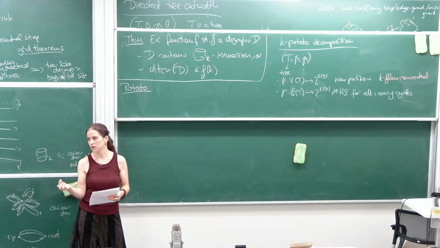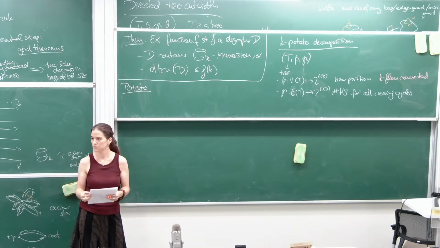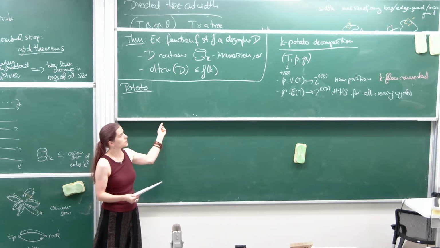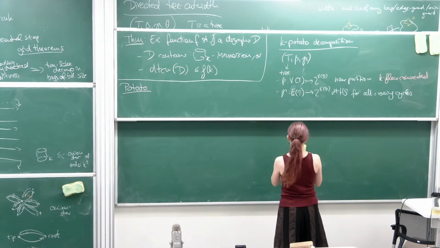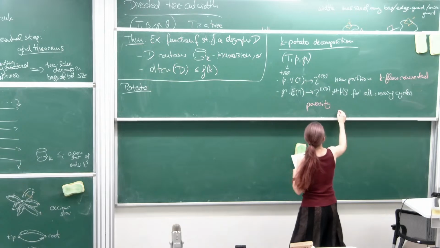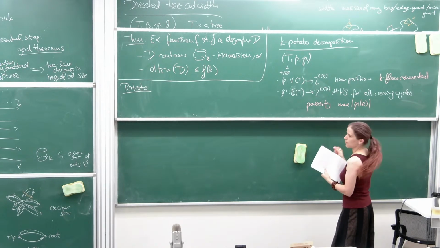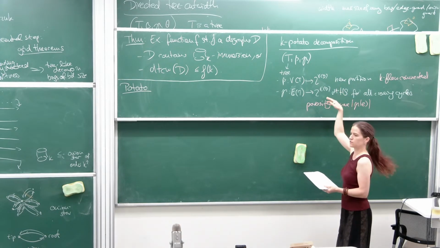But you might not be allowed to make every vertex its own thing, because you might have a bunch of things that then go over cut. I see, so you want this gamma set to have size at most K? Yeah, so this potato decomposition has a porosity, right? So the porosity is the maximum size over all the gammas, and you would like the porosity of this to be small.